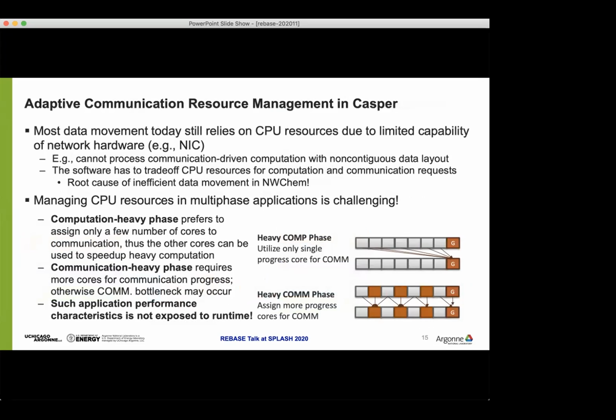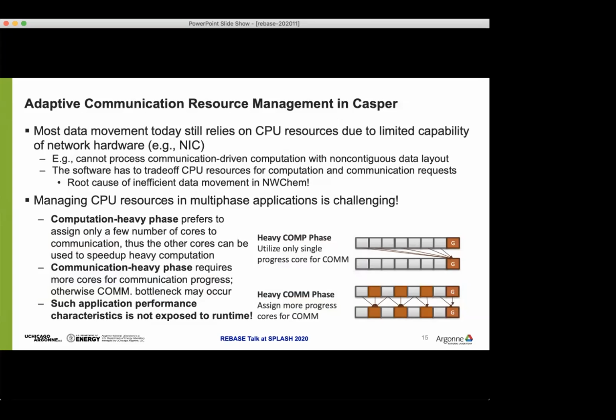If we summarize what we did to resolve the software emulation in the previous slides, we are essentially adding more computing resource, CPU resource, to handle the data movement. That's because the network hardware, for example the NIC, the network interface card, is not powerful enough. It's not able to handle very complex data movement.